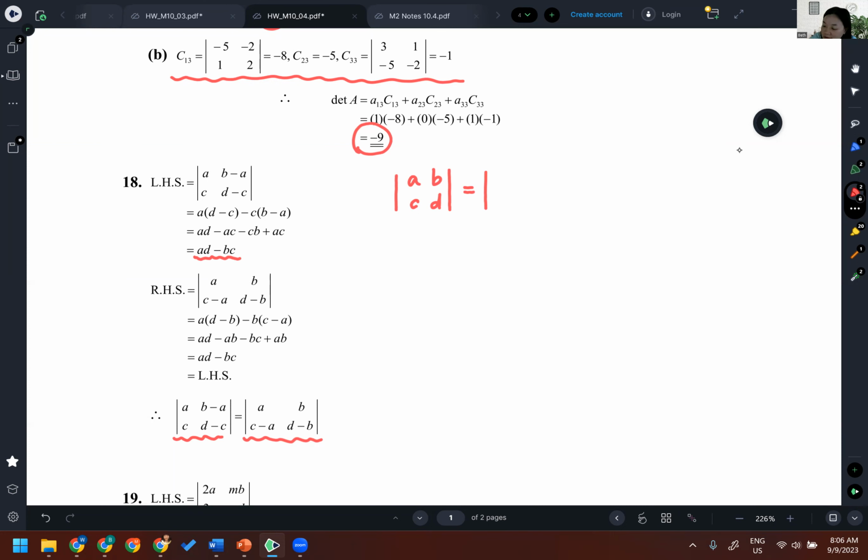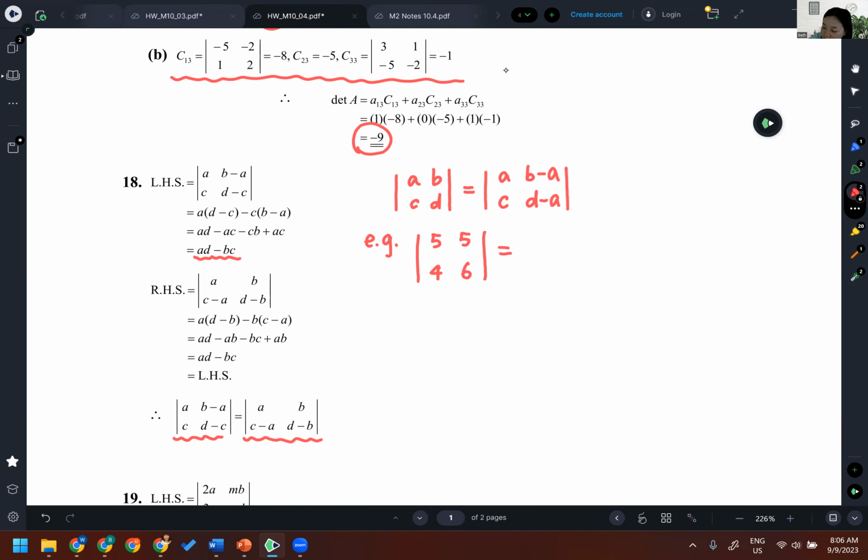What do I mean? That means I keep the first column, and then I use the second column minus the corresponding elements from the first column. An example would be, for example, this is 5, 4, and this is 5, 6.